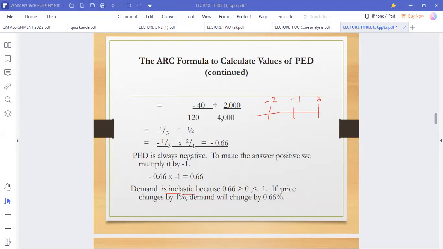Okay, so now let's look at the question from the pamphlet. Those of you who have a copy, let's look at the question on elasticity. What are the factors that affect elasticity?